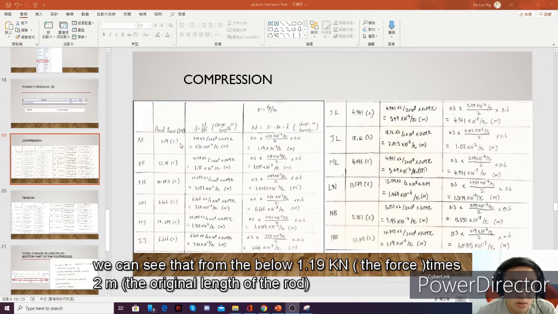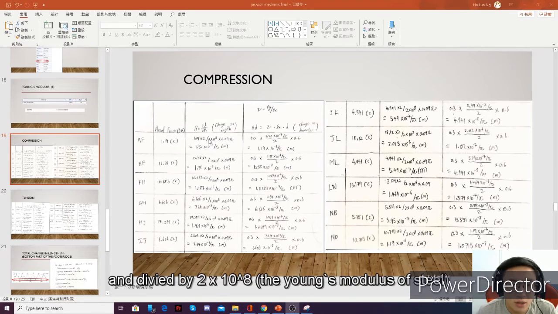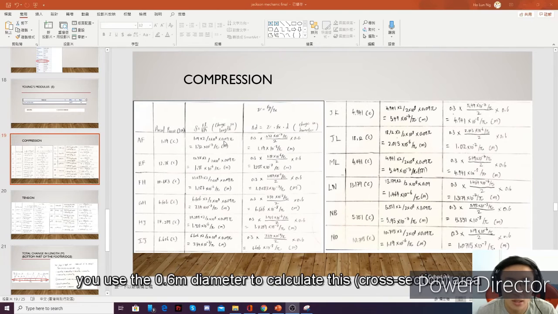We can see that below 1.19 is the force. I put it here and multiply by the original length of the members and divide by 2 times 10 to the power of 8, which is the Young modulus of steel, times 0.09 pi. This is the area of the rod. You can use the 0.6 meter diameter to calculate this area.